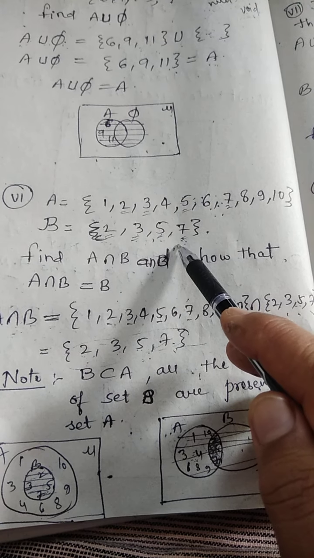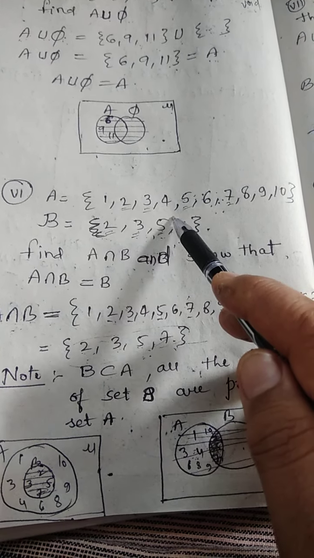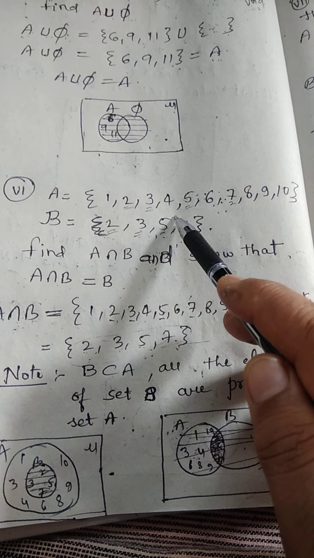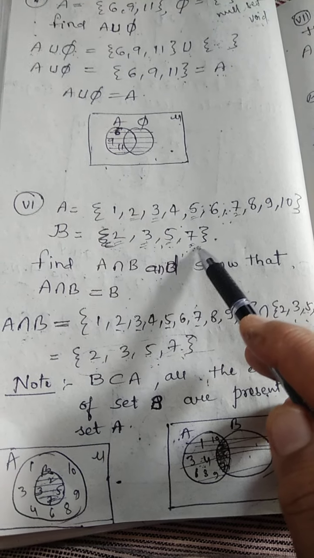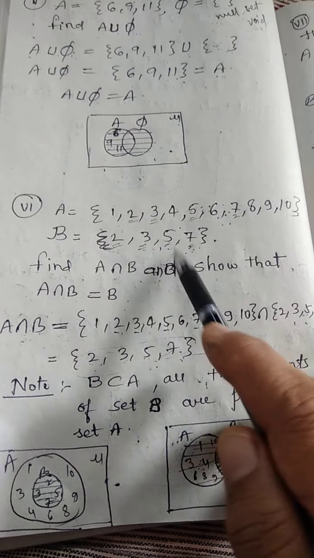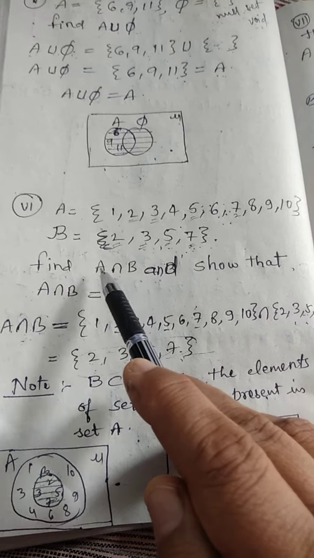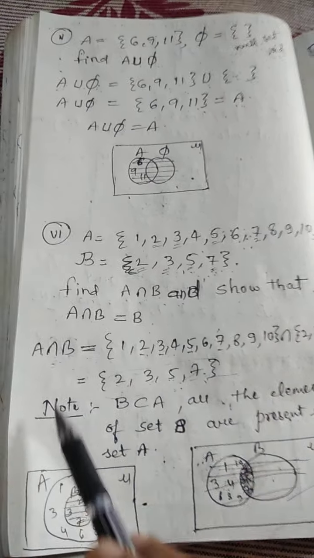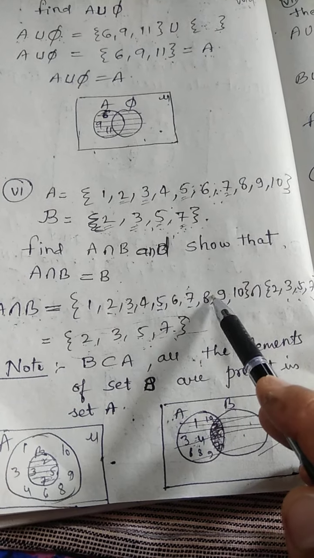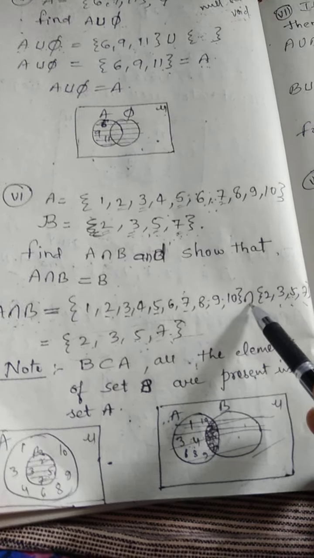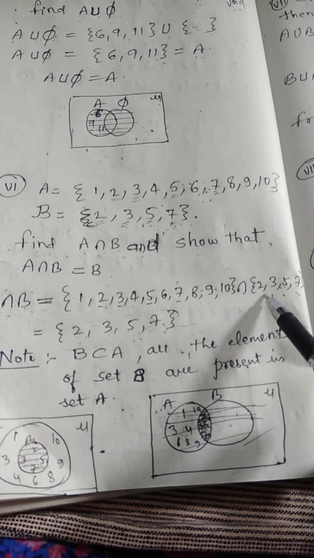These four elements are present in B as well as in set A. The set of common elements means intersection. Let us find A intersection B. First note down A, then write the intersection sign, then note down B.